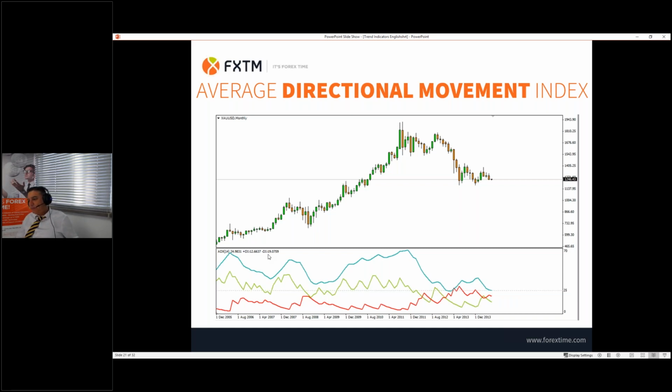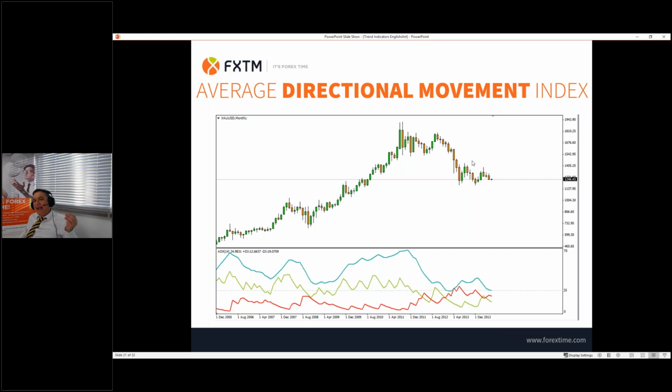Now, the beauty of this indicator, as developed by Mr. Wilder, is to show whether the corresponding asset that we see here, in this case gold, is trending or not.